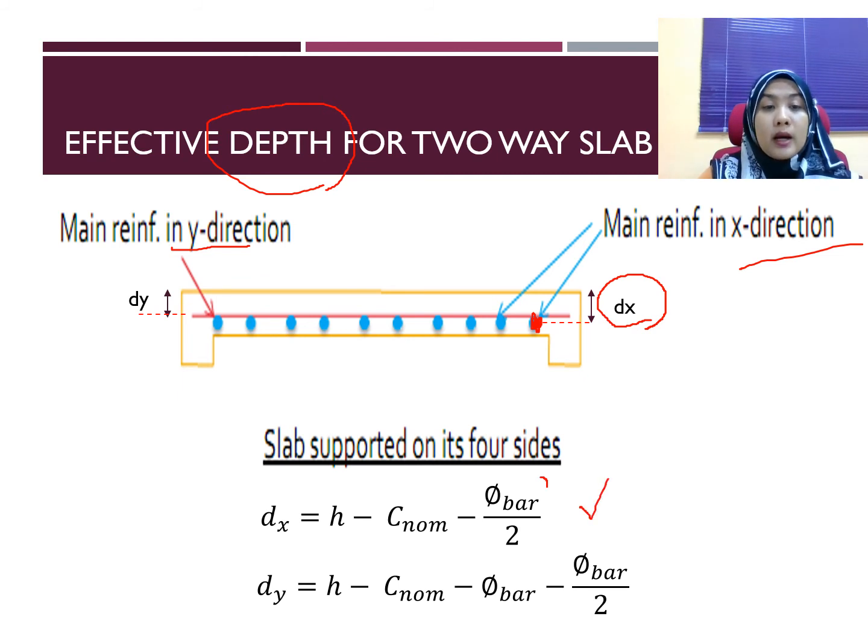But for dy in Y direction, since we have the main reinforcement in X direction at the bottom, our main reinforcement in Y direction is located on top of the X direction. So you need to take the distance from the top to the center of the main reinforcement in Y direction, which is dy equal to thickness of the slab minus cover minus diameter of bar in X direction minus diameter of bar in Y direction divided by 2.